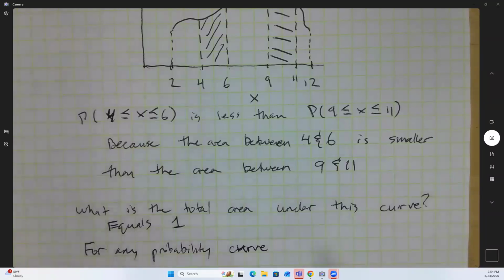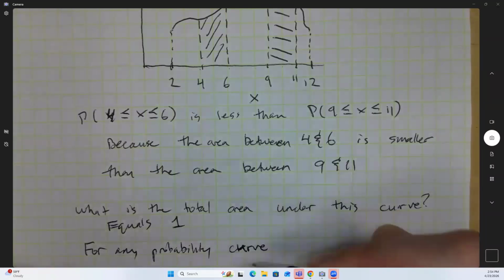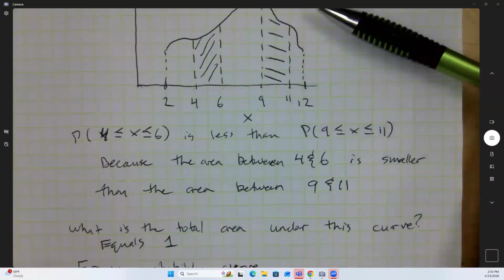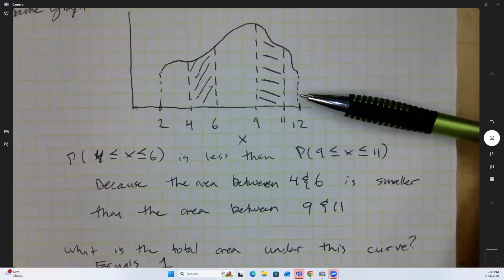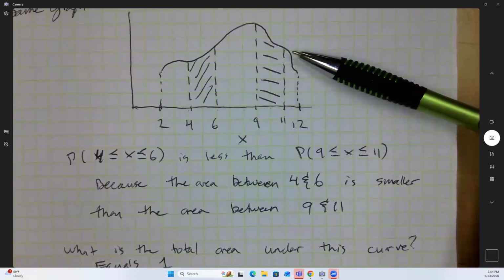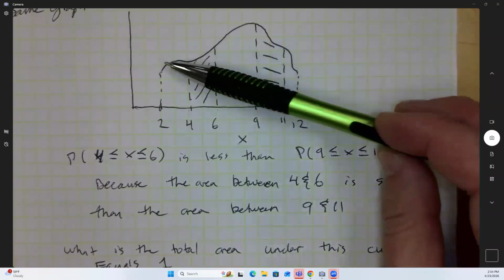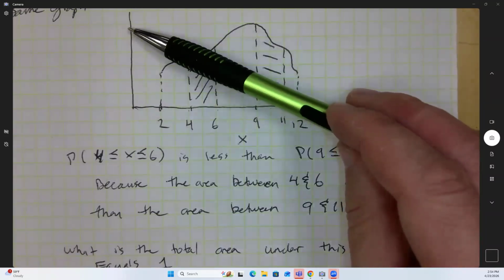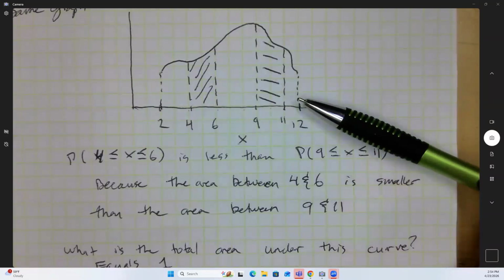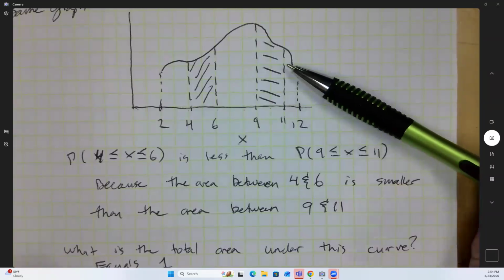And that is often why we don't put a vertical scale. The vertical is less important than the area, right? If I were to put a vertical scale on here, this top point would have to be the right amount so that the area ends up at 1, which is 10.